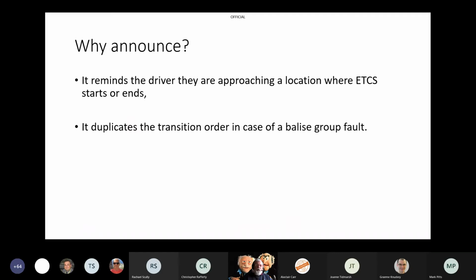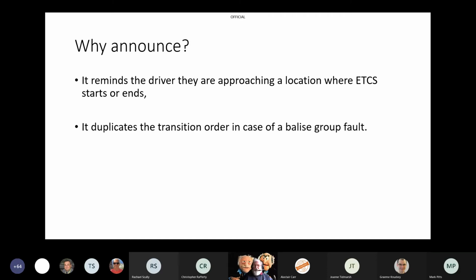If you go from an area of TPWS to an area of only ETCS and your train does not transition, then you'll continue to operate with no signals potentially and no train protection. The driver is hopefully going to notice quite quickly and stop, but you have a safety hazard.